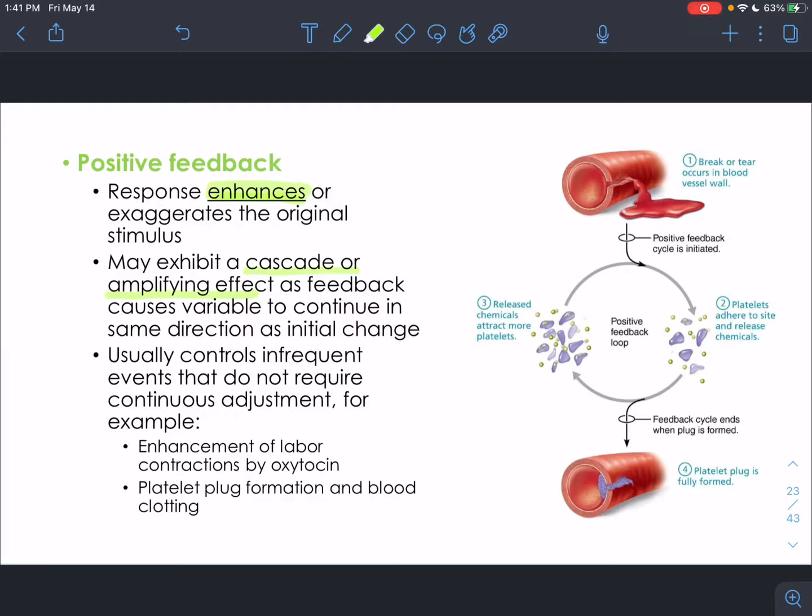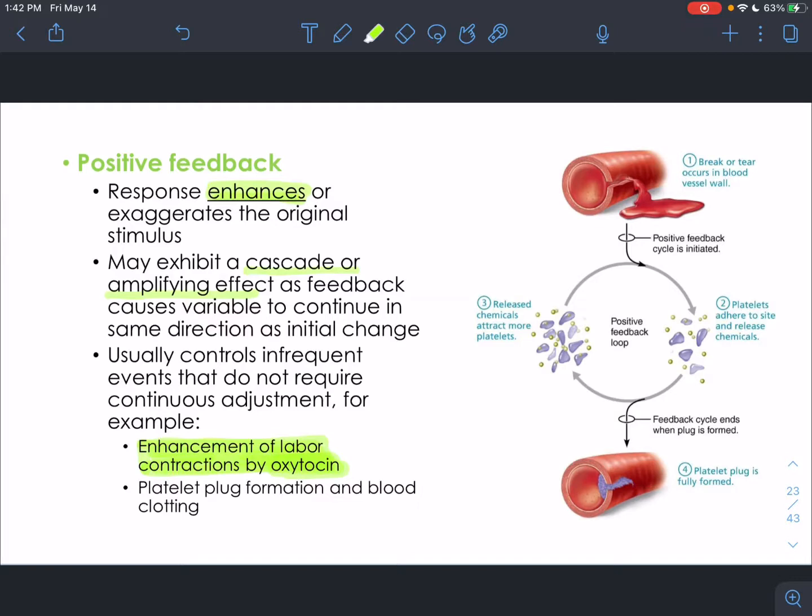So one example that I like the best is during labor. We have oxytocin, we have contractions starting, right, when you're having a baby. Oxytocin is released, which causes contractions, which causes more oxytocin to be released, which causes more contractions, and it just keeps increasing that original stimulus, right?